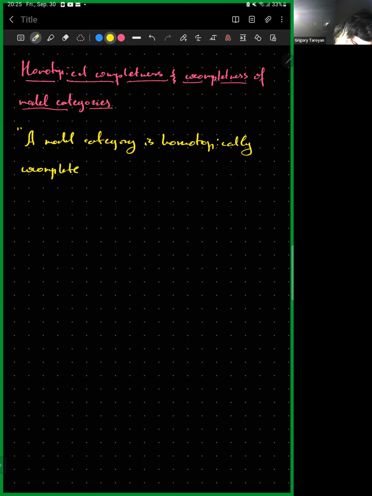Well, we have a certain idea based on what we know about regular completeness and co-completeness, meaning that a model category is homotopically co-complete if there exists a homotopical limit system.